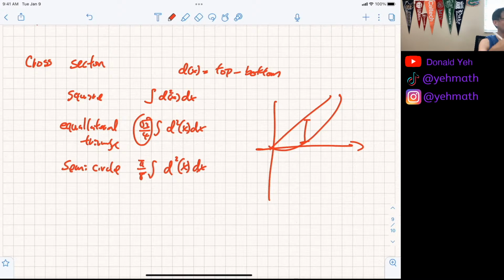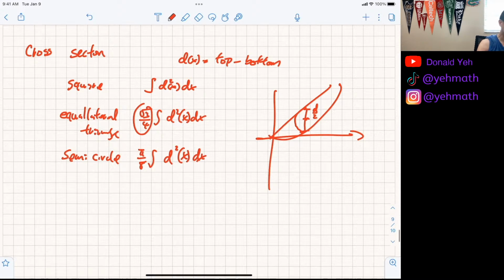But it's a semicircle, so it's d over 2 squared times 1/2. So 1/4 times 1/2 is 1/8.